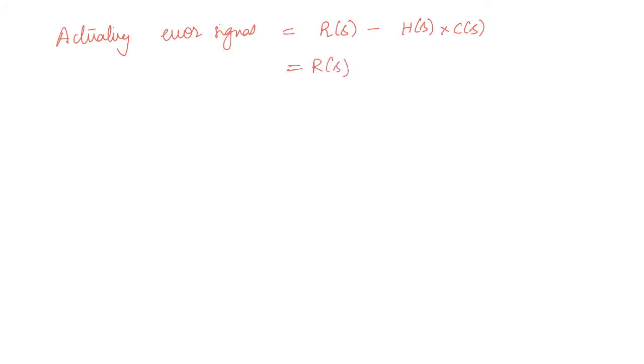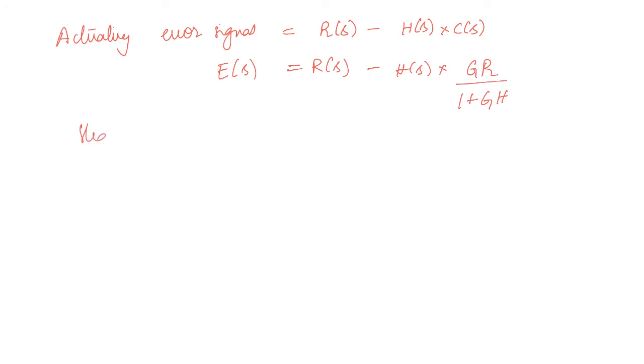The actuating error signal we can write as the input R of S minus the feedback signal, which is the feedback path transfer function H of S into C of S. So this we can write as R of S minus H of S into the output, which will be transfer function into input, so we can write GR by 1 plus GH. This is the actuating error signal.